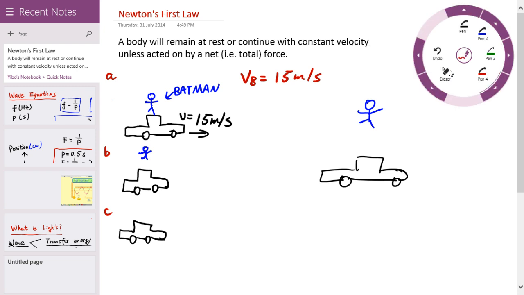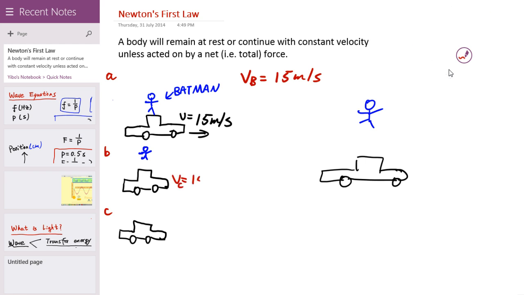When Batman is in the air, the car is still traveling at 15 meters per second, and Batman would also be traveling at 15 meters per second, assuming there's no air resistance.